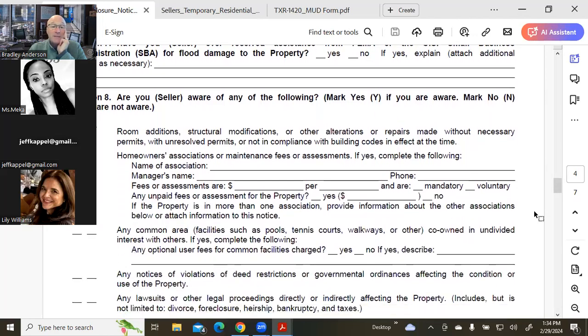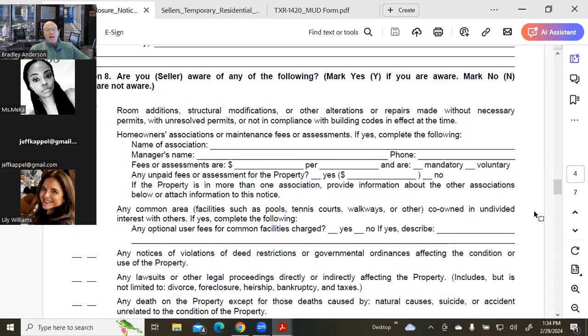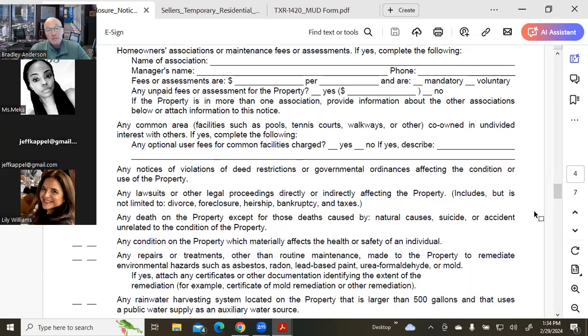And then section 8, this is kind of the catch-all, speaking about room additions, were things permitted properly, any violations of deed restrictions, any lawsuits, any death on the property. So just to kind of re-explain that, if there was a death on the property and it was by natural causes, suicide or accident unrelated to the condition of the property, you don't have to disclose it. If it was homicide, you do, but pretty much every other reason you do not.